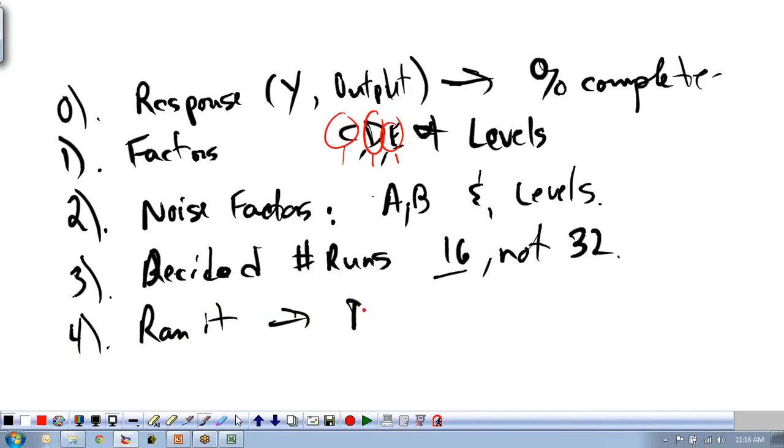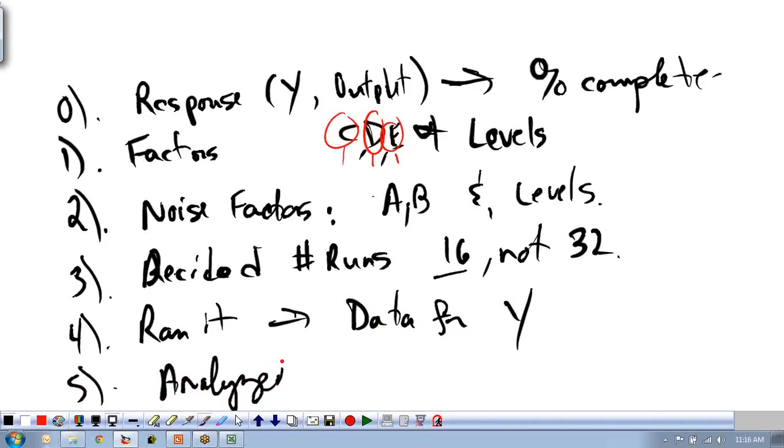Got our data for Y. And then we analyzed it. Finally, we didn't do this, but we thought about it and talked about it. We could optimize, right? That means, in this case, implement the solutions, right? To say, well, E doesn't make sense. E didn't work, but C and D sure did, and we can implement those. Okay, so that's the recap on the example.